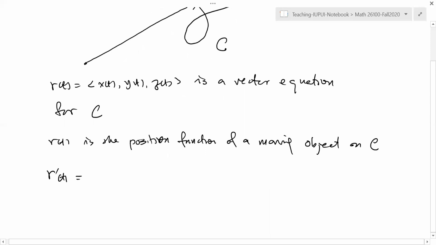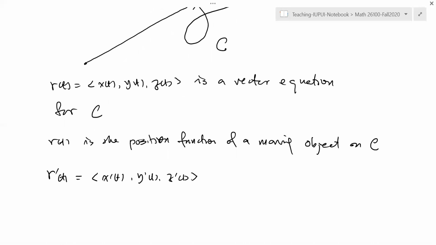The derivative is the derivative of each component. It is easy to find the derivative of a vector function. This vector function can also be called the vector equation for the curve. When you differentiate, you just differentiate each component.